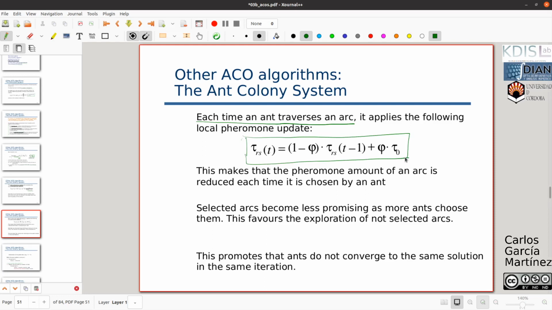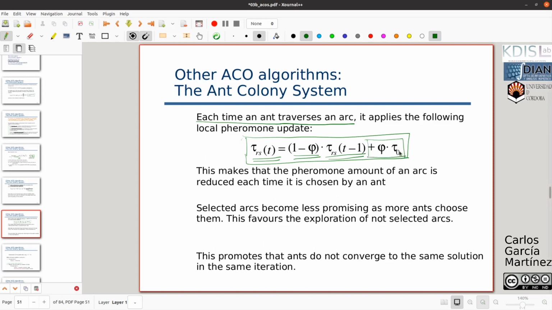And here you can observe that this equation says that the new pheromone amount is the previous one with some factor according to the evaporation and this contribution.